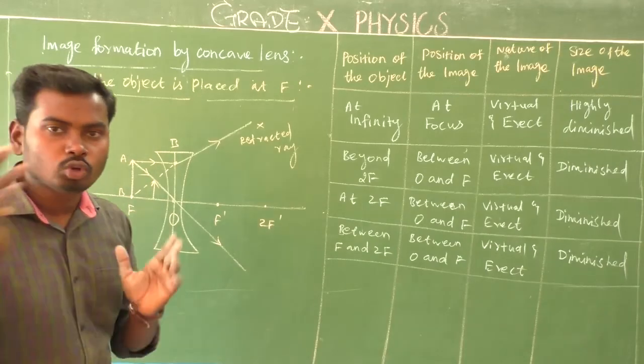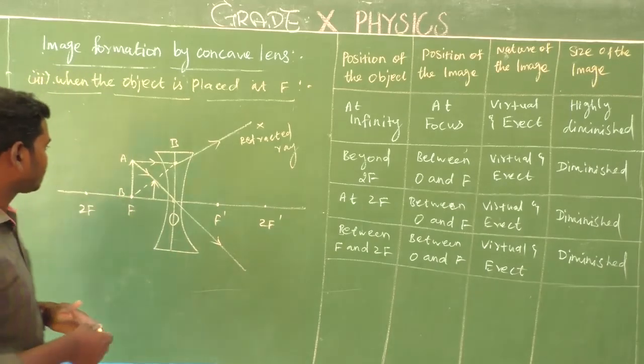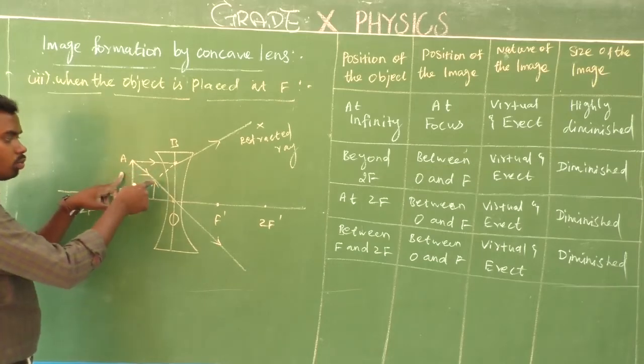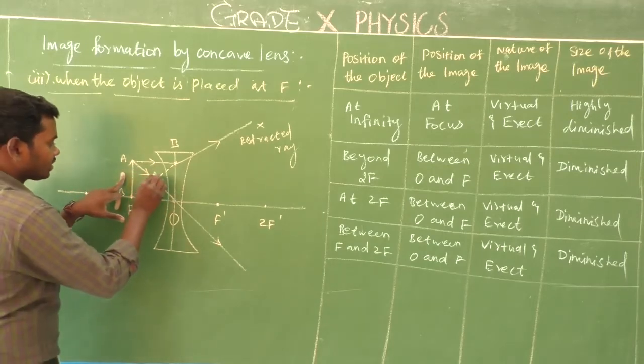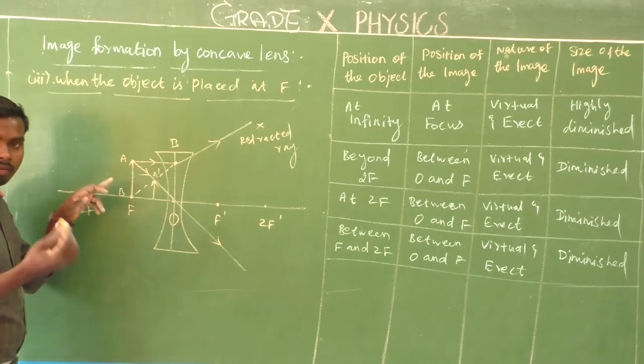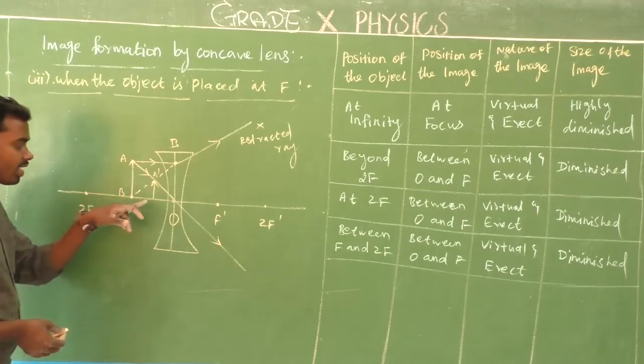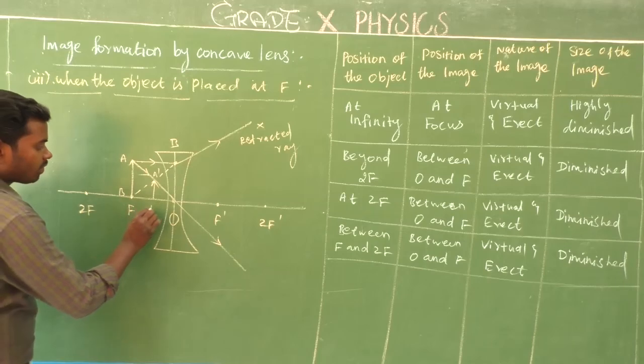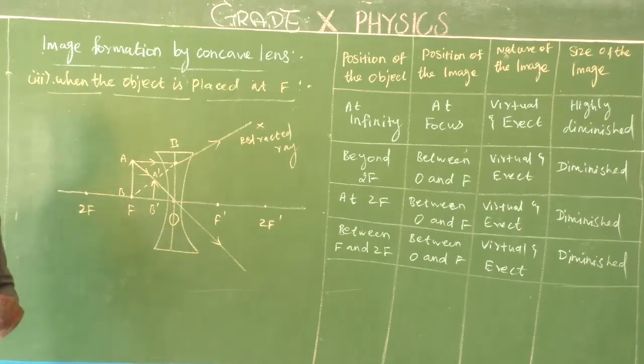All virtual images are erect images. The top of the object A corresponds to the top of the image, so it is considered A dash. The bottom of the object is B, and the direction is the same for the image, so the bottom of the image is considered B dash. That is for our convenience.